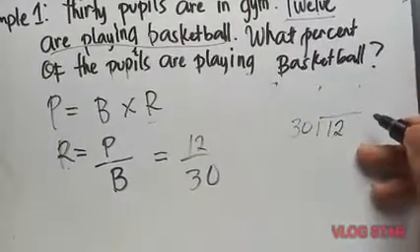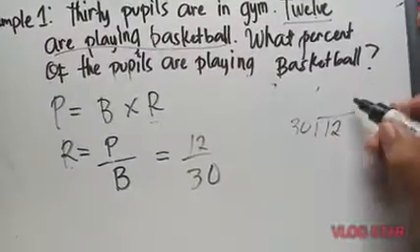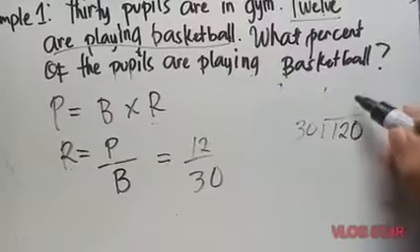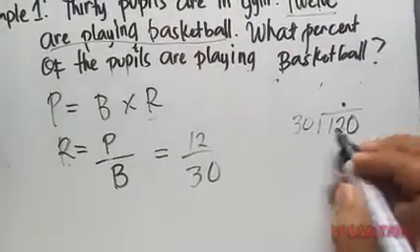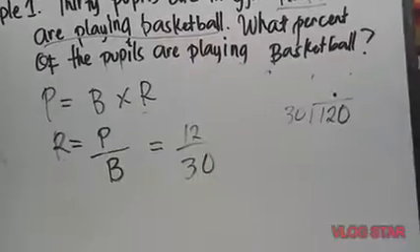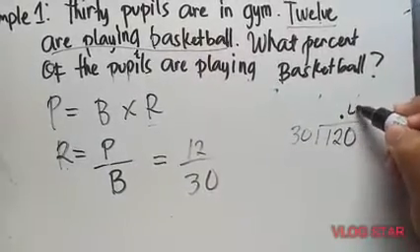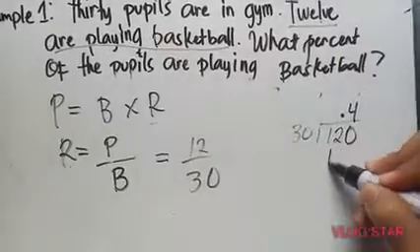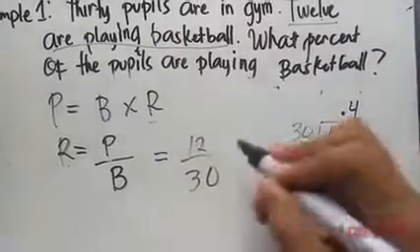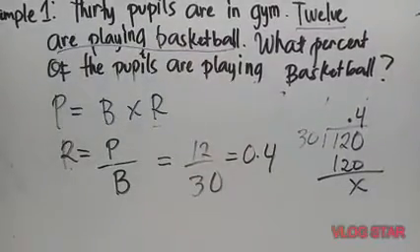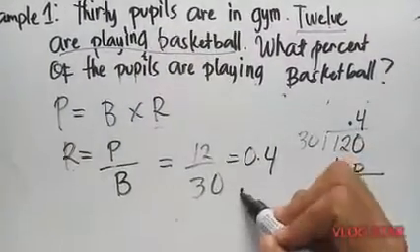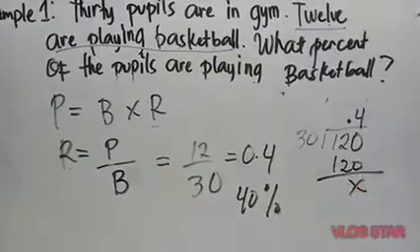Since we cannot divide this, add 0, then a decimal point before 0. 120 divided by 30, the answer is 4, since 4 times 30 is 120. So the answer is 0.4 or 40%.